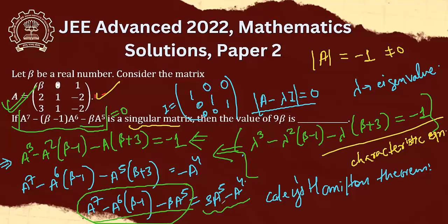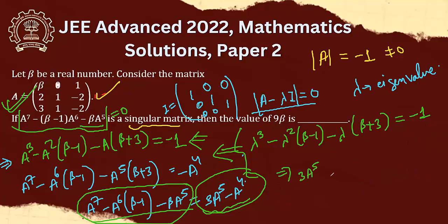So I can write that the determinant of 3A to the power 5 minus A to the power 4 is equal to 0. So I can take the determinant of A to the power 4 into the determinant of 3A minus I, and that is equal to 0.